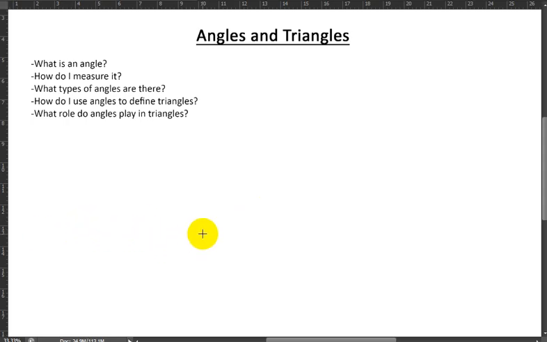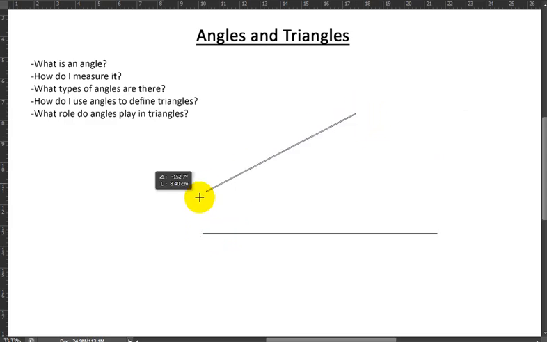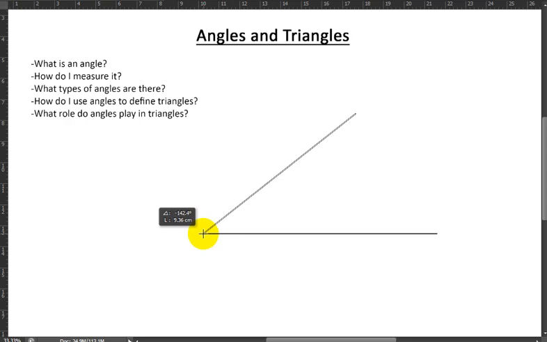Let's see, for example, here. I'm going to make one line like this. And for the sake of simplicity, I'm not going to make lines that extend forever, that just continue on. Instead, I'm going to be making lines that meet at a specific point, and they have a beginning and an end.